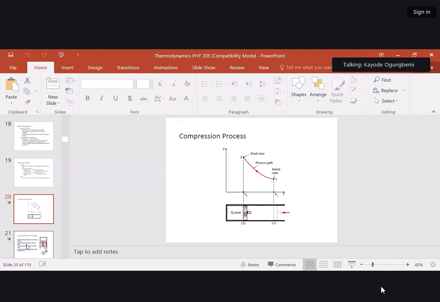It moves from an initial state of a bigger volume.